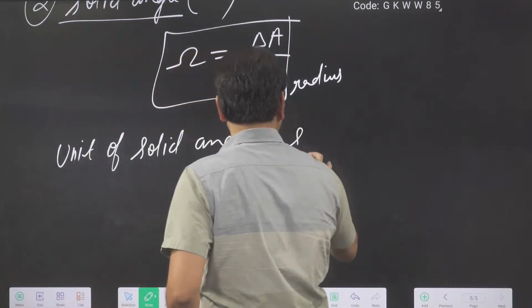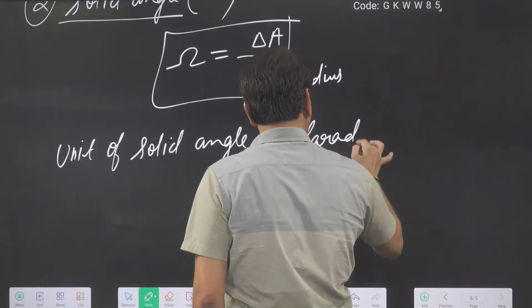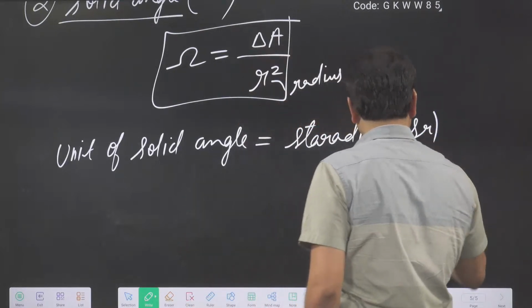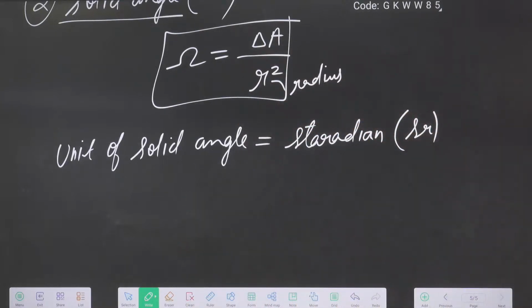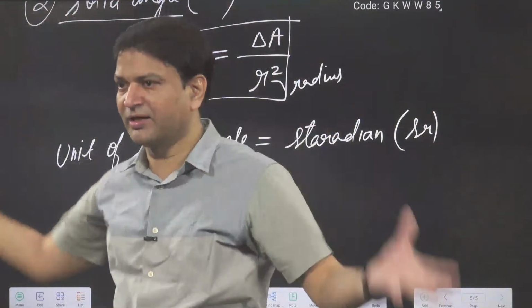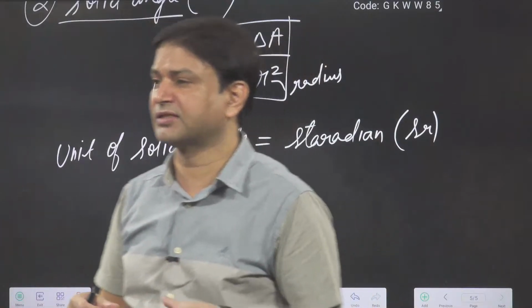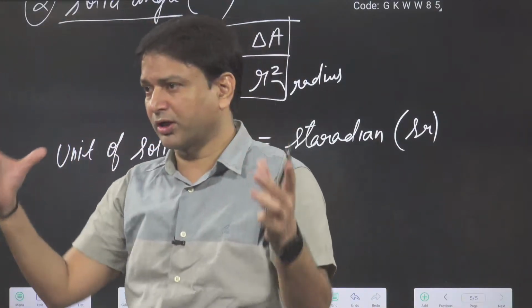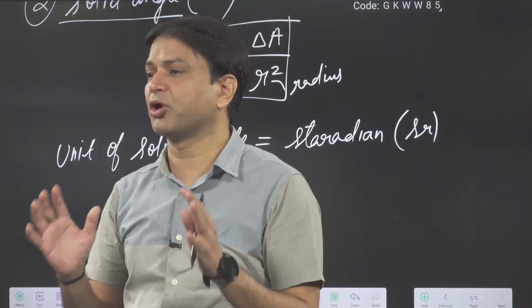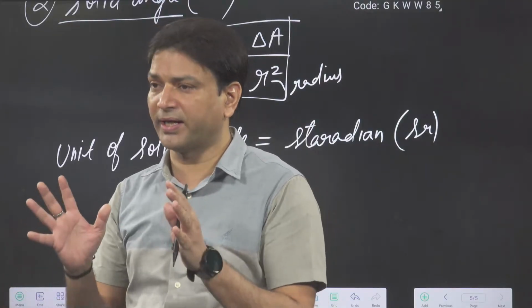The unit of solid angle is steradian, or SR we write. What is the complete solid angle? Suppose you have the whole complete watermelon, then how much angle will it subtend at the center? The total area is 4 pi r square, because the area of the sphere is 4 pi r square.